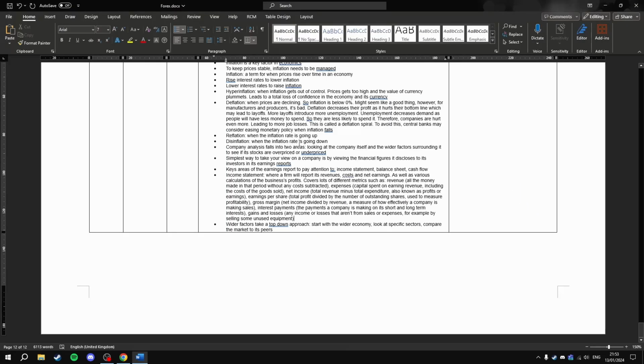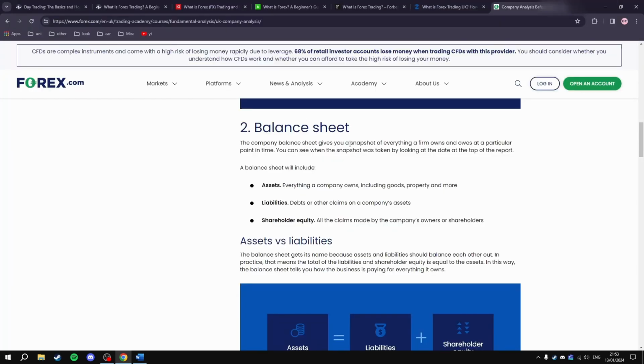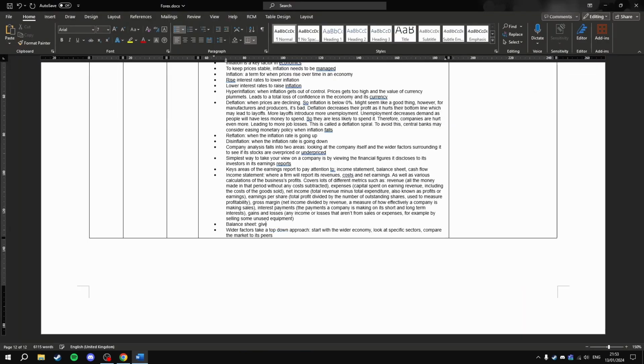Balance sheet. The company balance sheet gives you a snapshot of everything a firm owns and owes at a particular period in time.